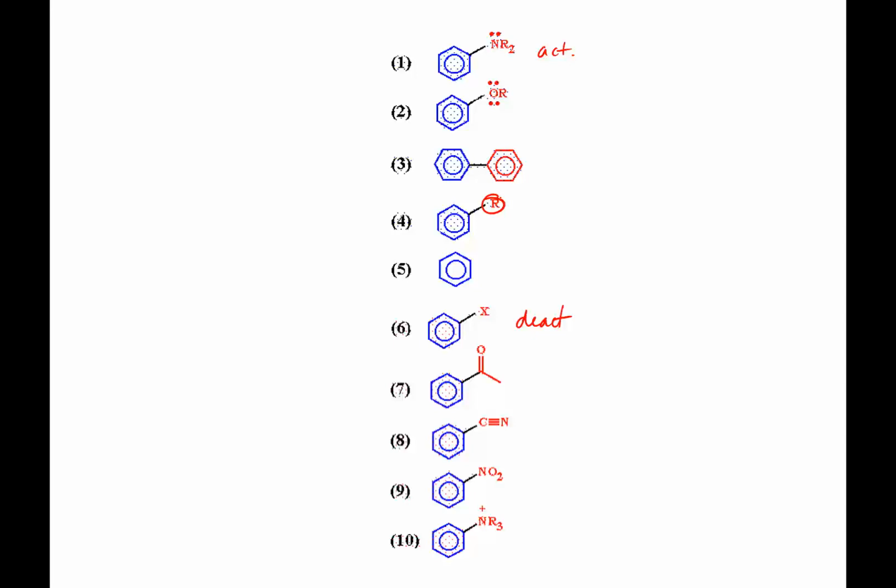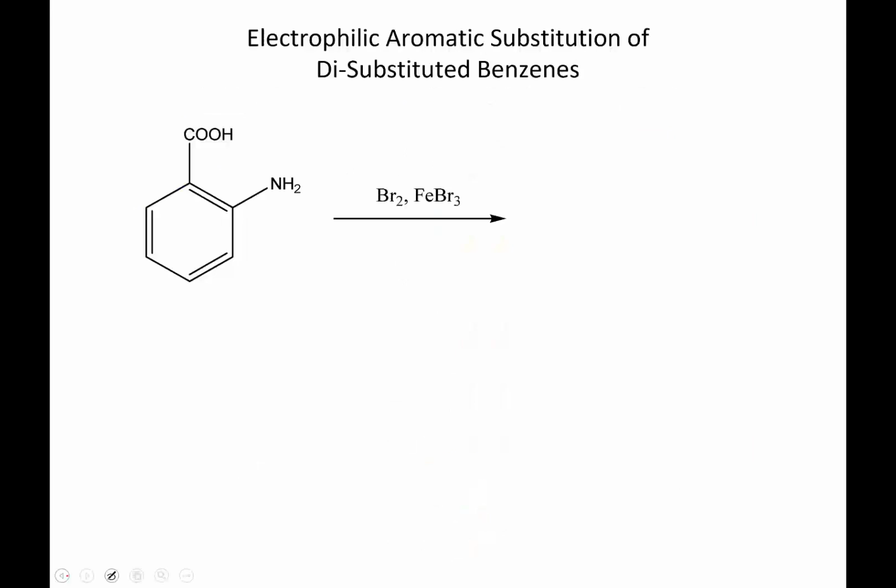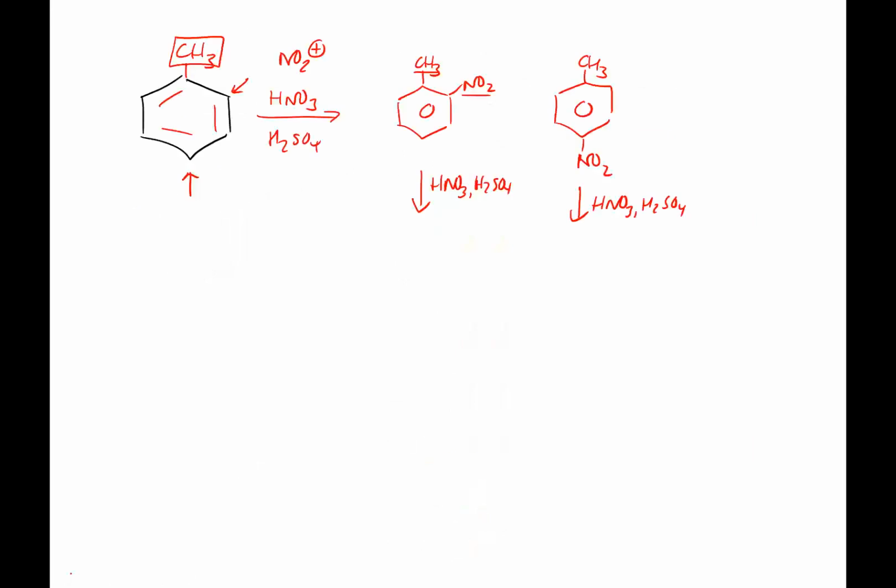So, the one with the lowest number is going to be the one that does the direction. The one that is the most activating, and if it's deactivating, that's the least deactivating. Okay, so that's how we would do that.